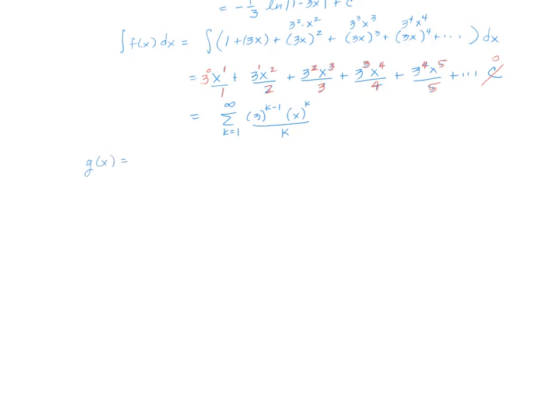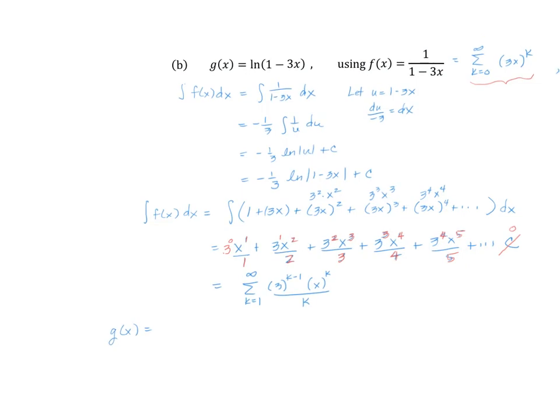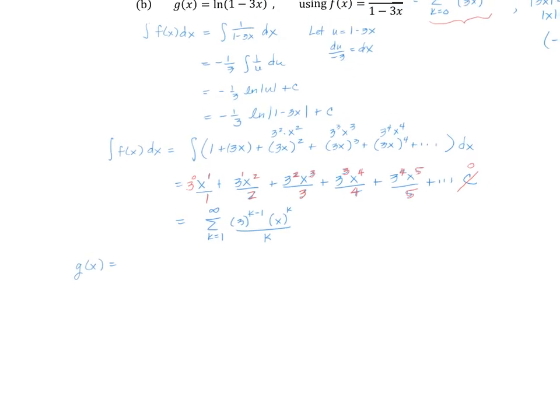Going back to the beginning, if I take the integral of f of x, it's equal to negative 1/3 natural log of 1 minus 3x. If the c value is 0, then this looks a lot like g of x.